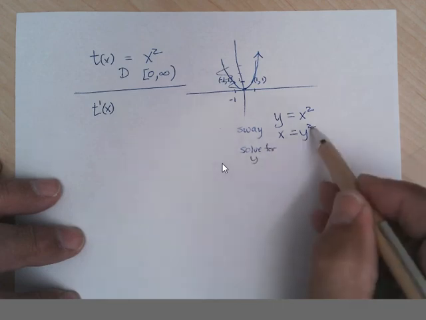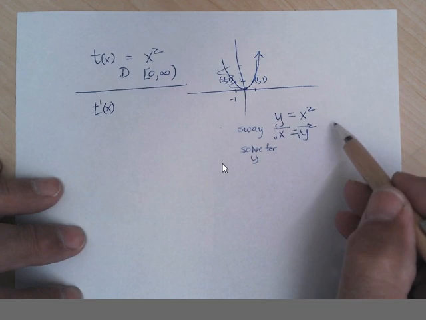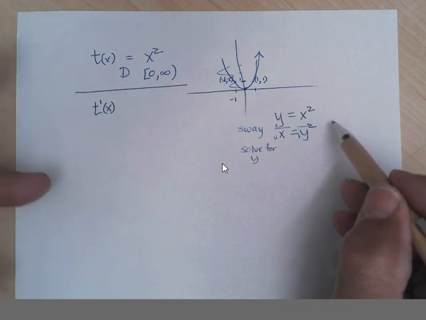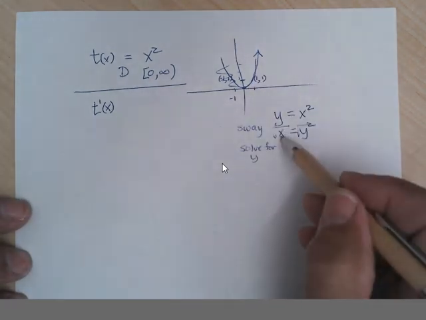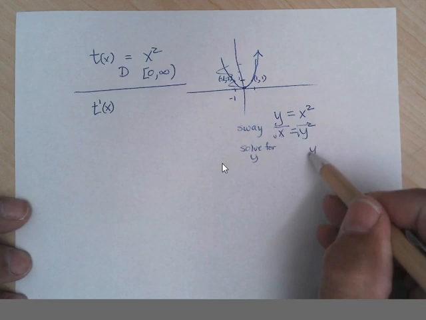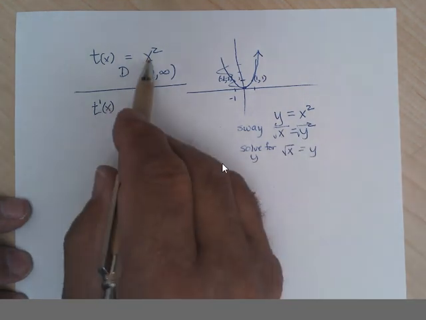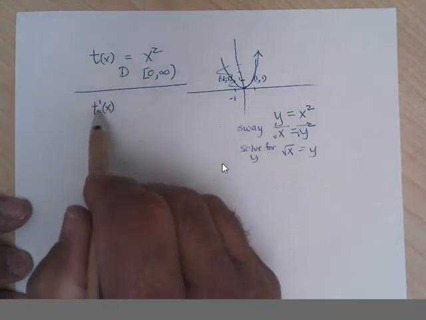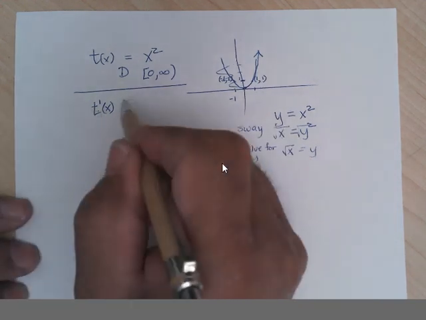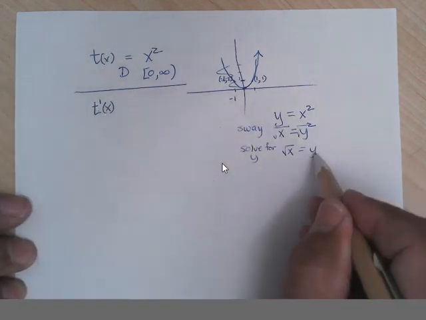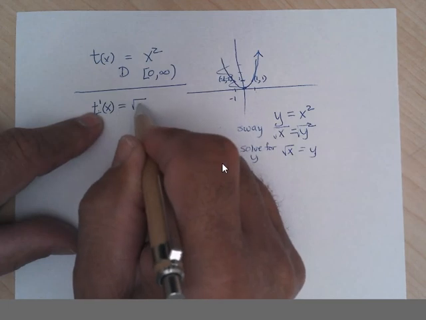To get rid of the square, we square root, and it would normally be plus and minus, and that would make it not a function, but since I'm only using this part, I only need to do the plus one, and I get y equals the square root of x. So this function's inverse function on this domain only is the square root of x.